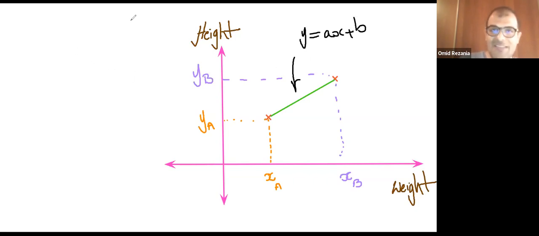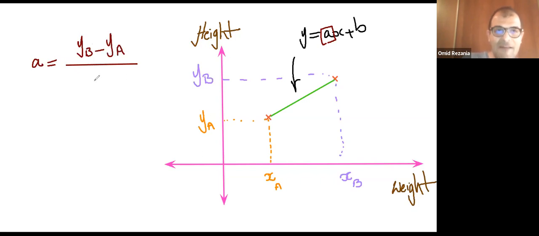Because in this very easy scenario, a is going to be the slope, which can be represented as average rate of change or instantaneous rate of change. We are just going to go with yb minus ya divided by xb minus xa, which is a representative of the average rate of change between point A and point B, and find the secant line equation.